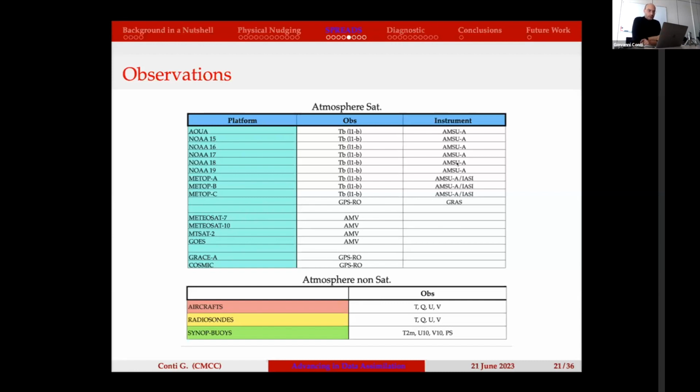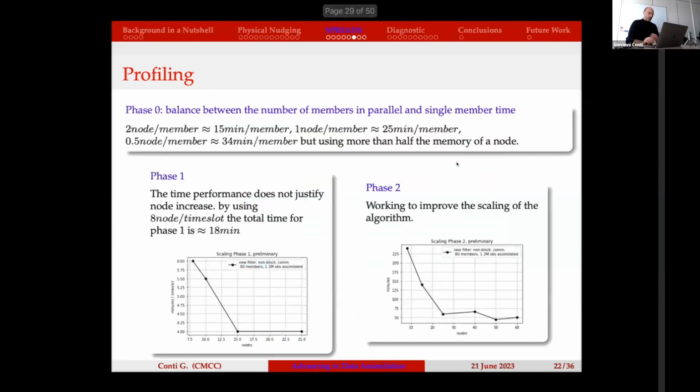And then we also assimilate atmospheric motion vectors, radio occultation, and also observations derived from other sources, for example aircraft, radiosondes, and buoys, like the temperature profile, specific humidity, and profile of U and V components.